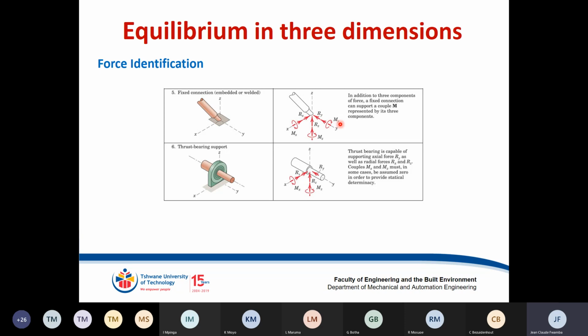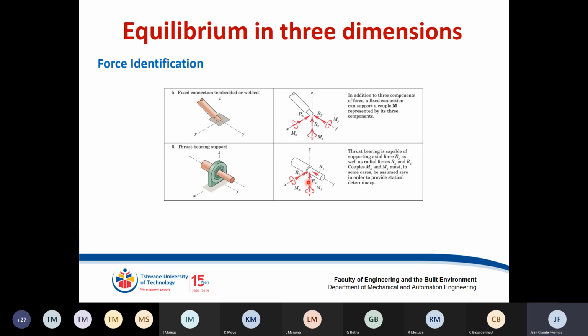Right. Number 6, thrust bearing support. That's your bearing in green there, which they've positioned along X, Z, and Y. Now on your free body diagram, how do we represent this setup? We will still have the reaction on each one of the axes, but your moment can be taken only on the Z axis or on the X axis and Z axis.